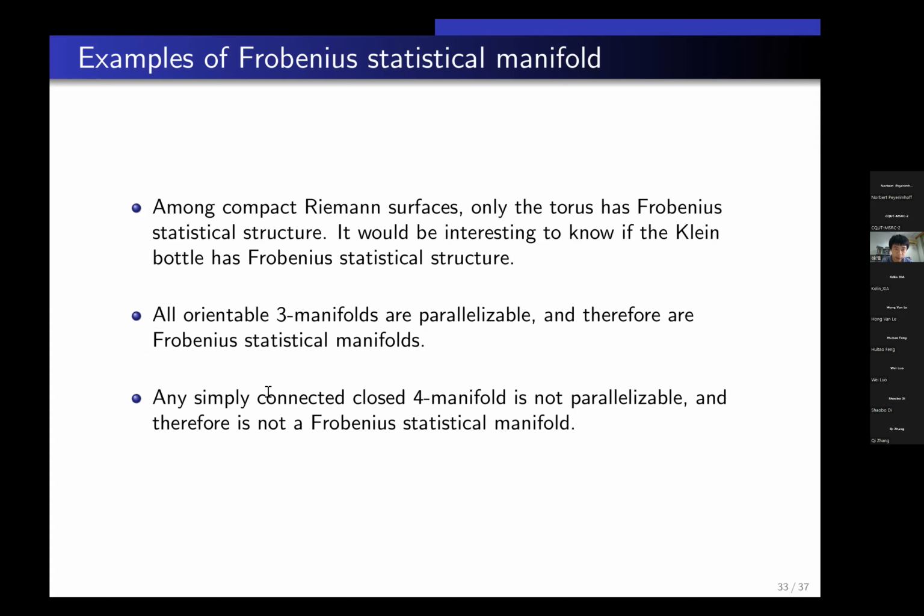But any simply connected closed four-manifold is not parallelizable, and hence they cannot be Frobenius statistical, because we have the following fact. For a Frobenius statistical manifold, if the universal cover is simply connected, then it should be parallelizable.